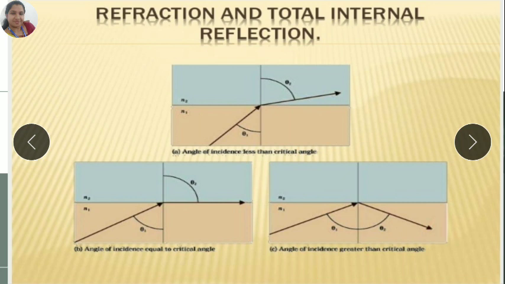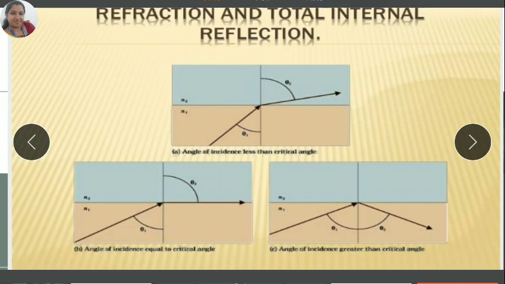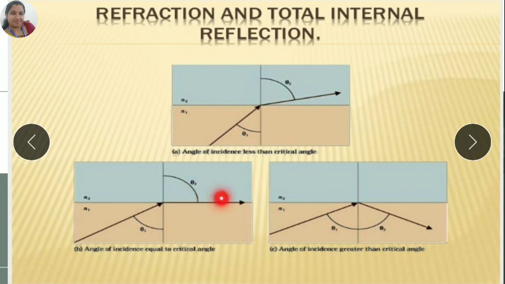So the condition for total internal reflection is that the angle of incidence is greater than the critical angle. If the light ray enters at the critical angle, the light ray is refracted along the medium interface. This is the first medium, this is the second medium. That is, the angle of refraction is 90 degrees.